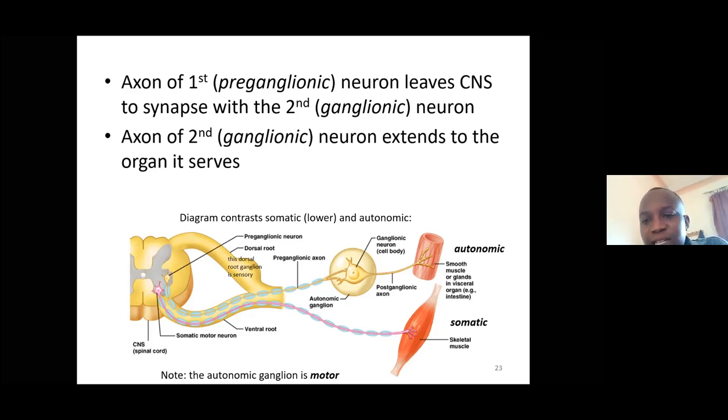So the neurotransmitter that is released is acetylcholine as expected, but since it doesn't have postganglionic, only acetylcholine is present. But remember, the adrenal medulla produces norepinephrine and also epinephrine, and it's the only organ that produces epinephrine, or what we call adrenaline.